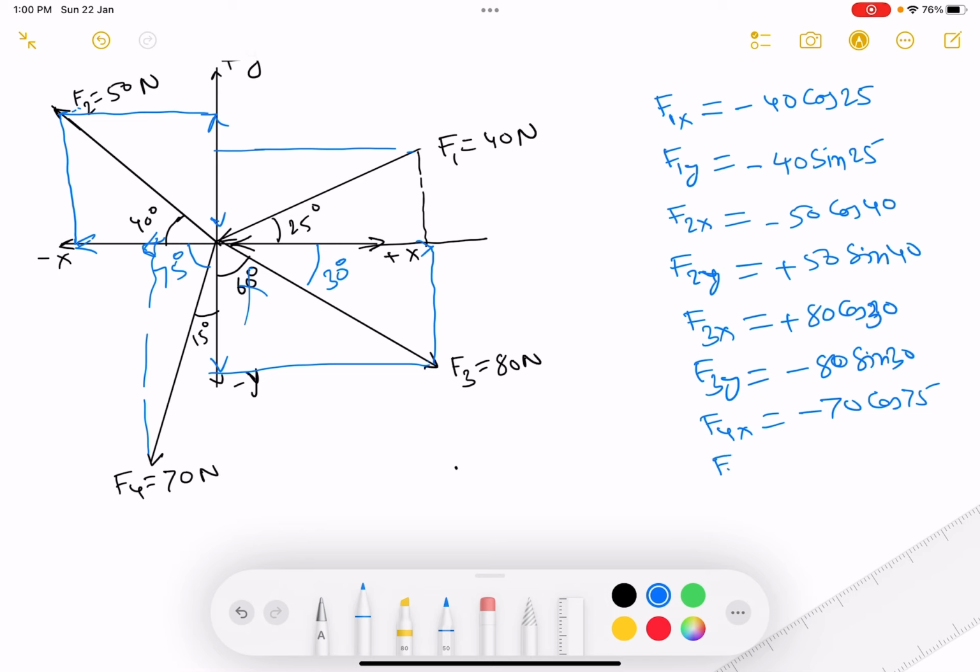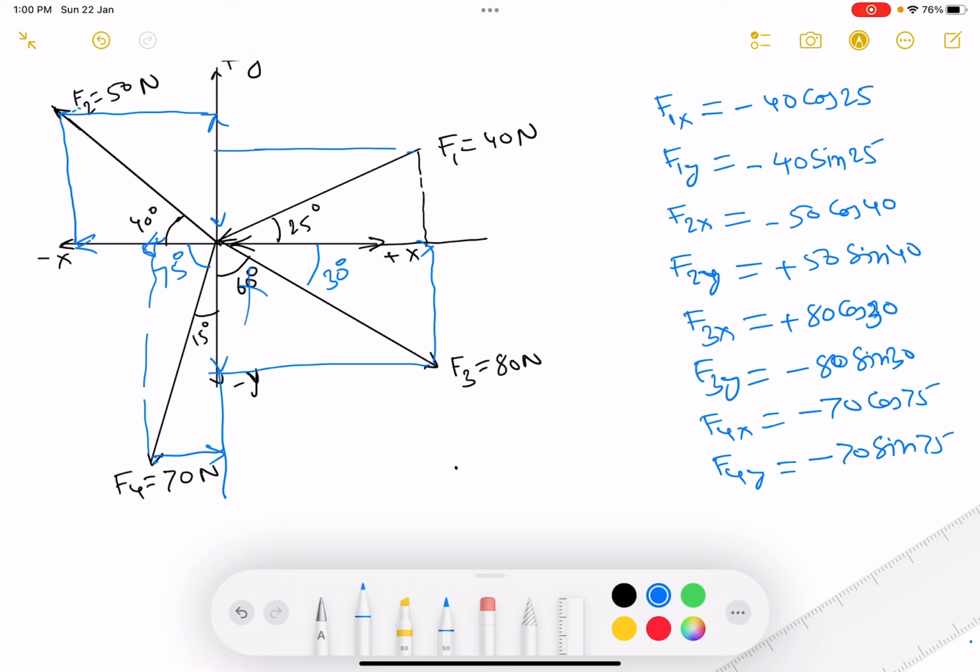Then F4y is, again, you are going to consider the smaller of the angles which the force makes with the x-axis, which is 75. So you'll write 70 sine of that angle, which is 75. And please note, when you're resolving like this, it's downward, so this is minus.